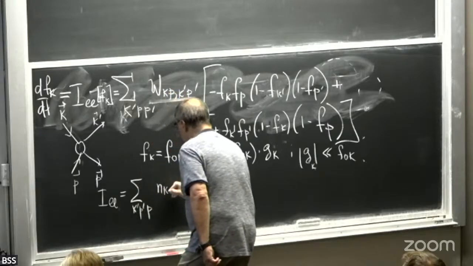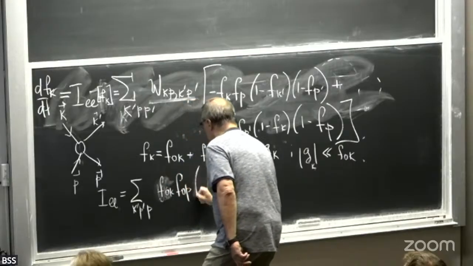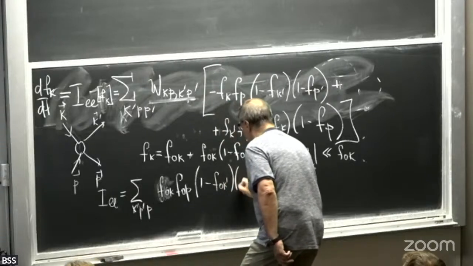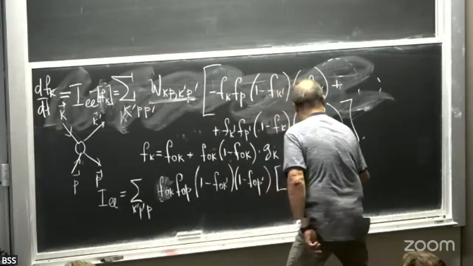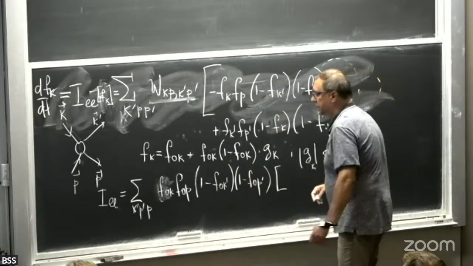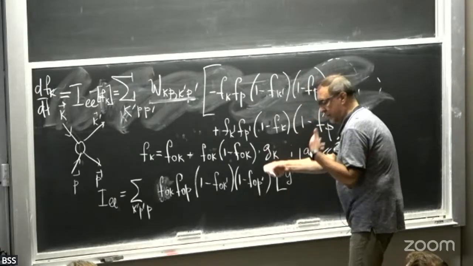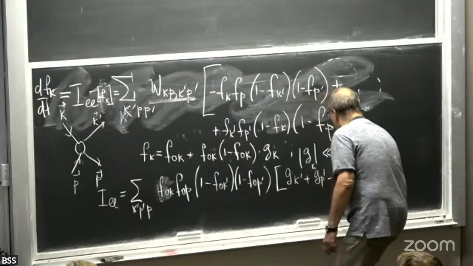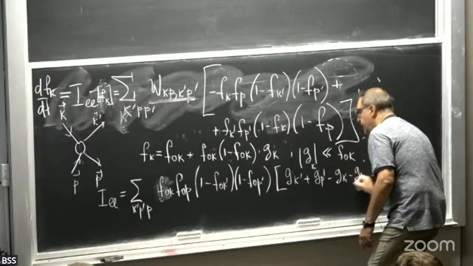Namely, I have a product of equilibrium functions. And then this little g, which measures deviations from equilibrium, enters as a sum of g at momentum k prime plus g at momentum p prime minus g of k minus g of p.